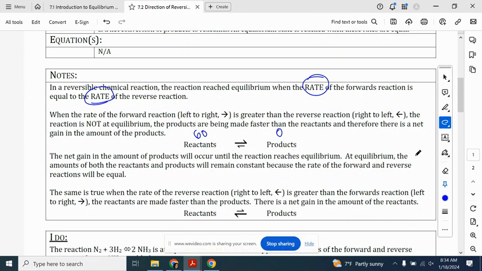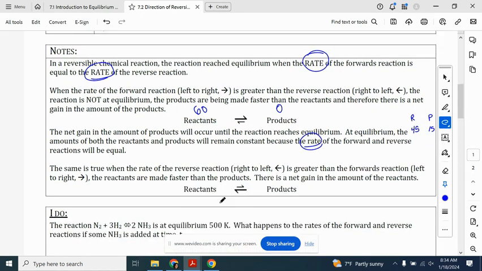We got to that point where we were at 45 for our reactants and our products were around 15. And the rate is equal, not the amounts, the rate. The same is true when the rate of the reverse reaction is greater than the forward reaction. If we would have started out with more products than reactants, this would have been flipped around.